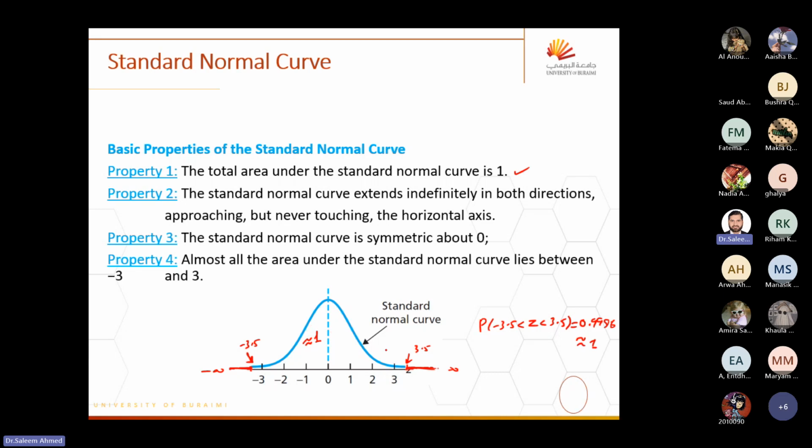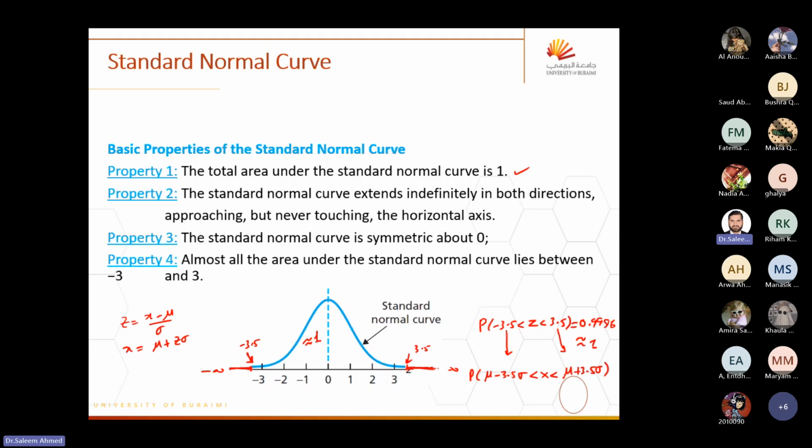So the standard normal curve does not go beyond that. If you write it in x, it is almost plus minus 3.5 sigma, right? Because z is x minus mu by sigma, so x will become mu plus z sigma. If you put z as minus 3.5, this gives you x as mu minus 3.5 sigma less than x less than mu plus 3.5 sigma.